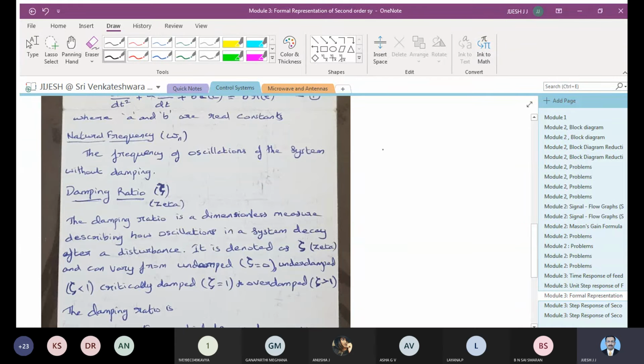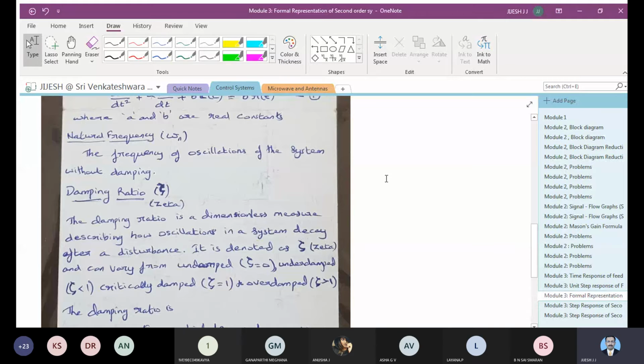You have to take it like this, and so like this. This is the notation for zeta. It is called zeta, ZETA.